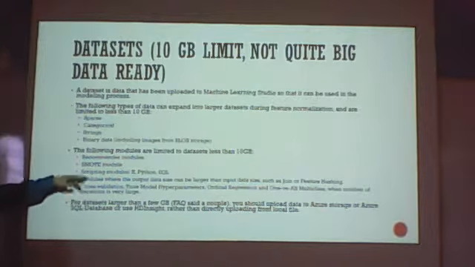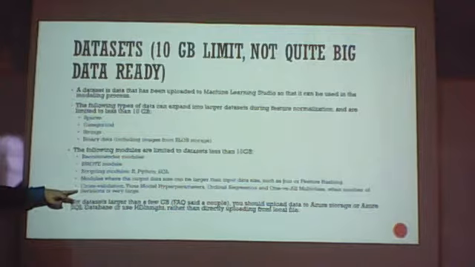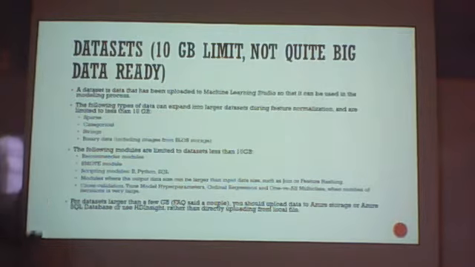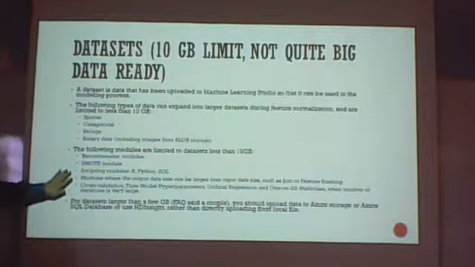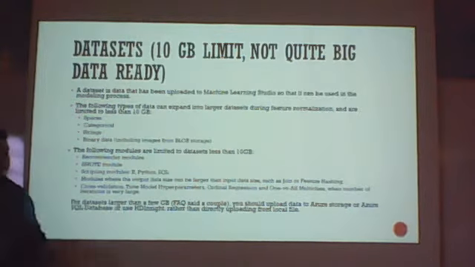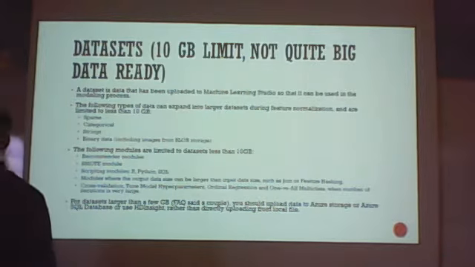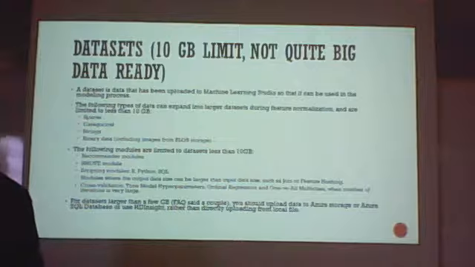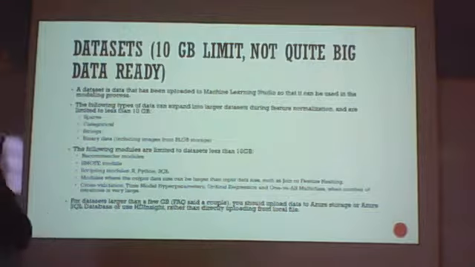There are lots of restrictions in terms of the modules, so once you go past 10 gigs, Azure really isn't for you. For data sets bigger than a few gigabytes, in the FAQ, what they meant by a few is 2. Anything larger than 2 gigabytes, you should not be uploading to Azure. You should upload it to something else and make the connection from there.